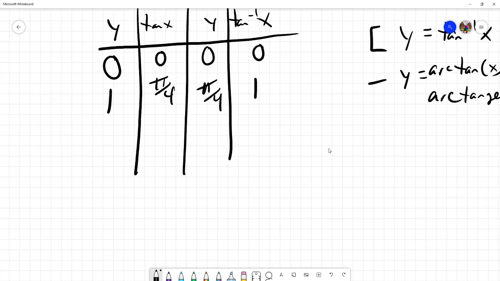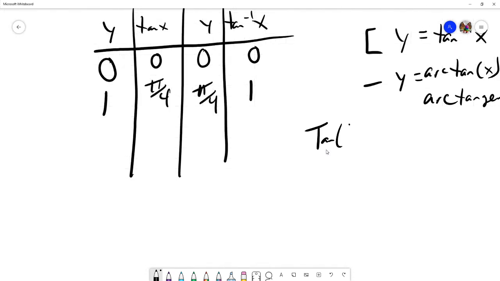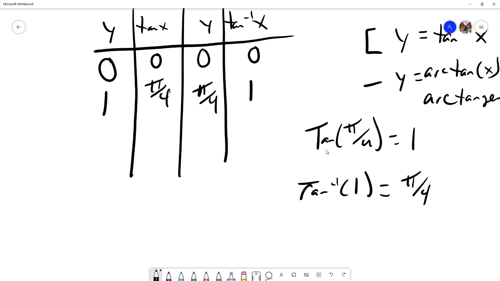To illustrate this, tangent of pi over 4 is equal to 1, and so arctangent of 1 is going to equal pi over 4. The output becomes the input, and the original input for tangent becomes the output for arctangent. And we can do something different.